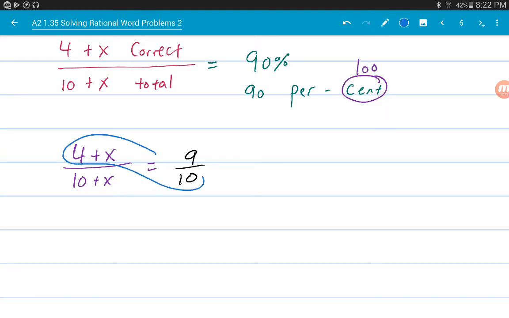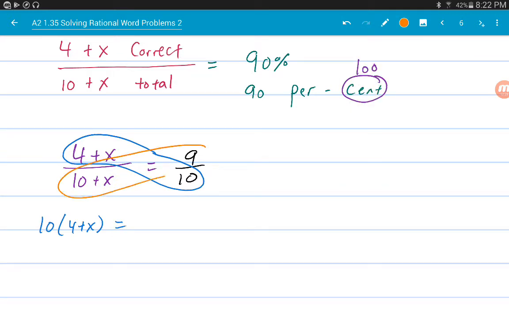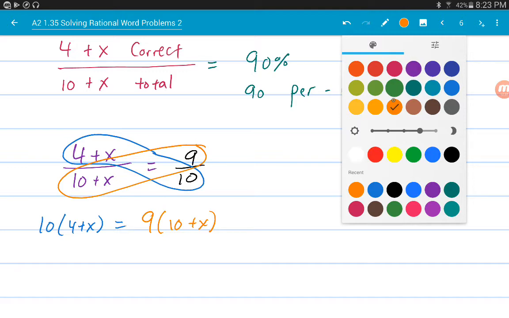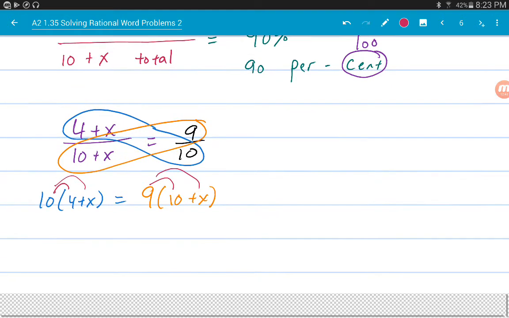So now I can cross multiply. 10 times 4 plus x equals 9 times 10 plus x. What happens next should be obvious. Distribute the 10, distribute the 9.